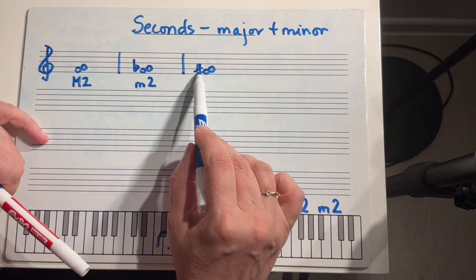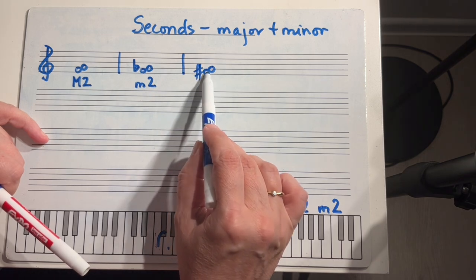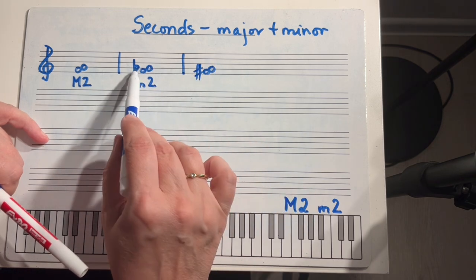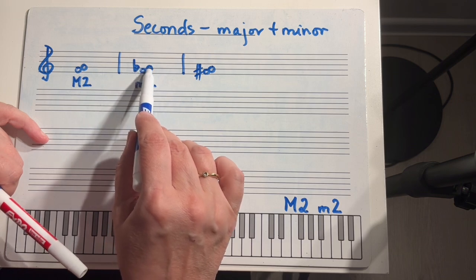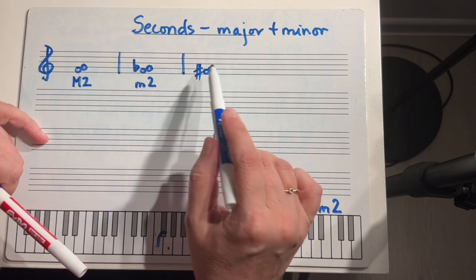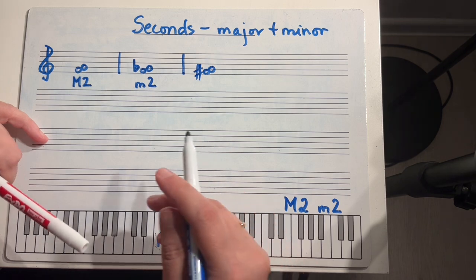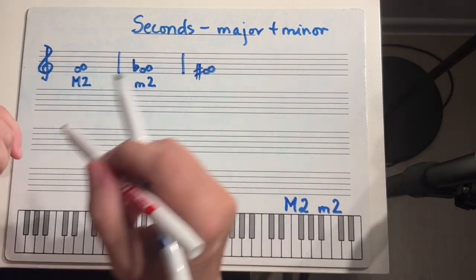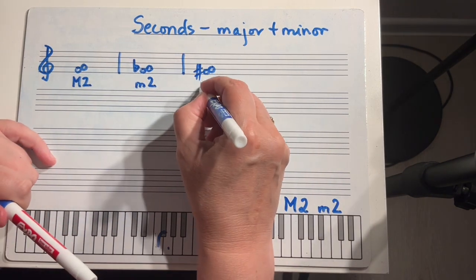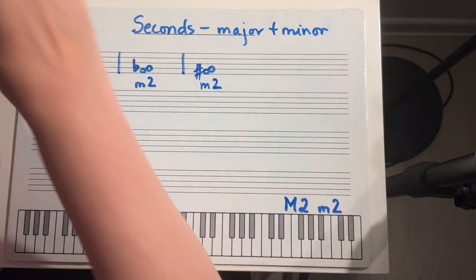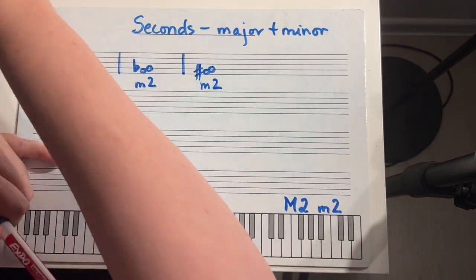So now you see the middle of the sharp is the same as the F. This flat is slightly higher, it goes with the G. This sharp goes with the F. And so we also call this a minor second.